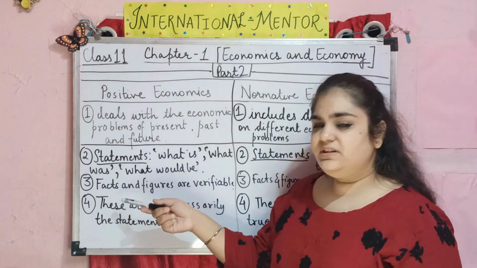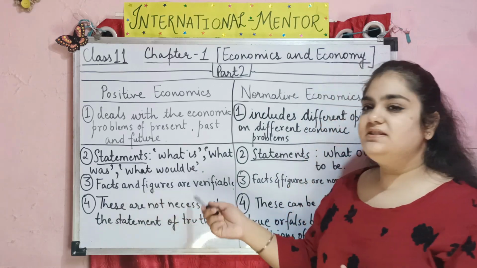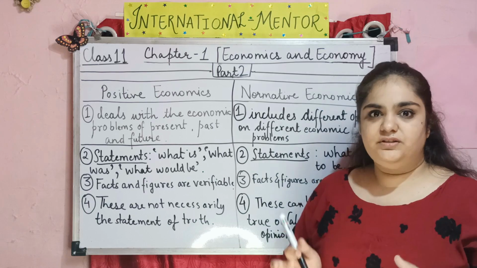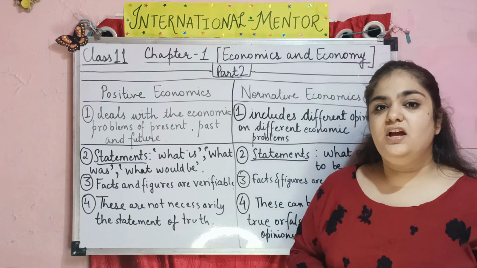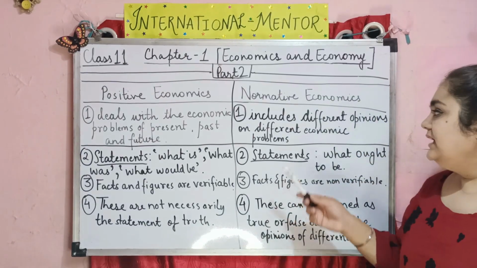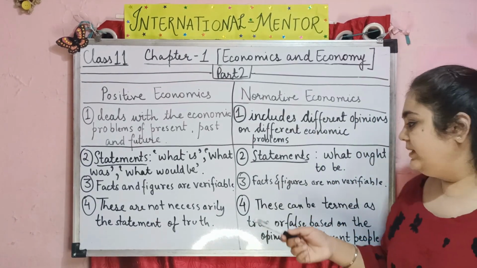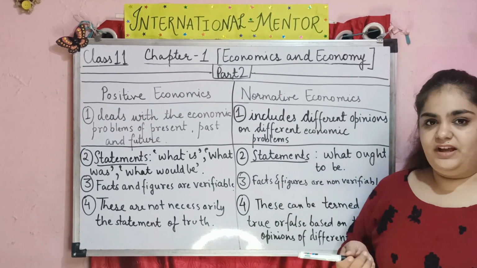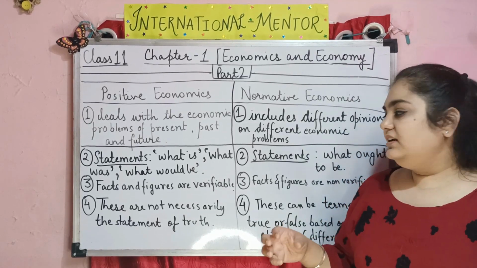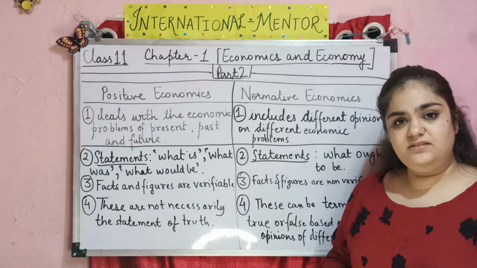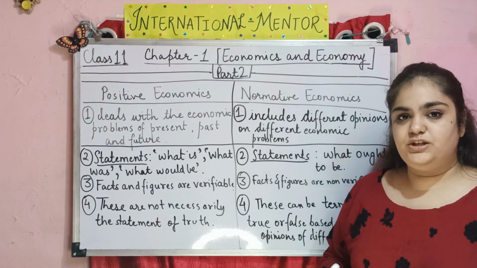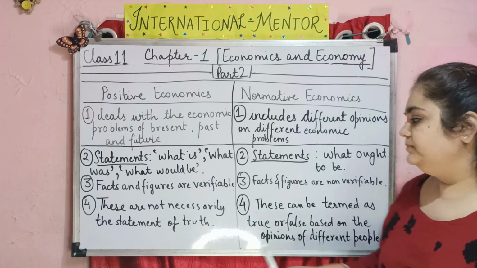In positive economics, the facts and figures are verifiable because these are like universal truths and facts and figures which, once said, everyone has to follow. But in normative economics, facts and figures are non-verifiable because everyone has a different opinion on a different situation, so these are not verifiable.